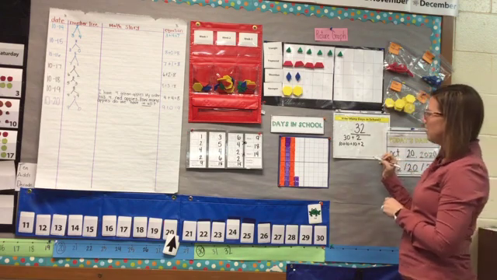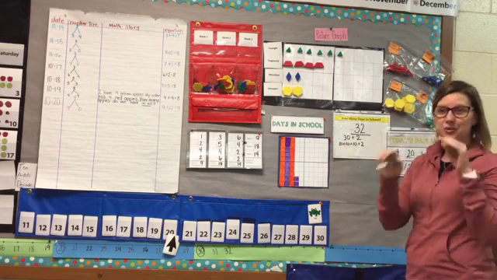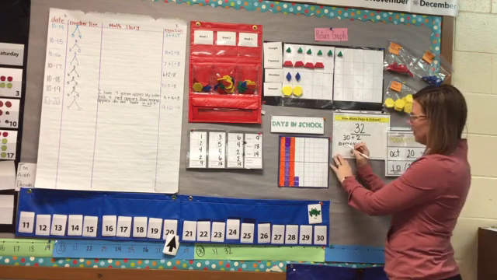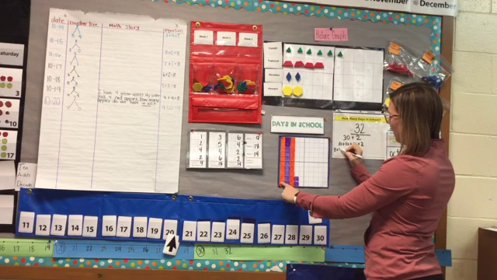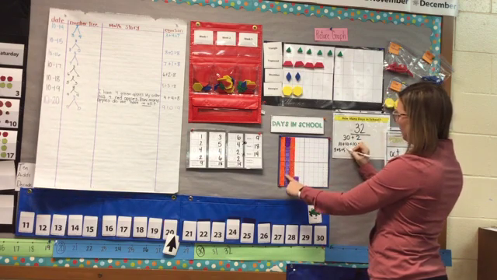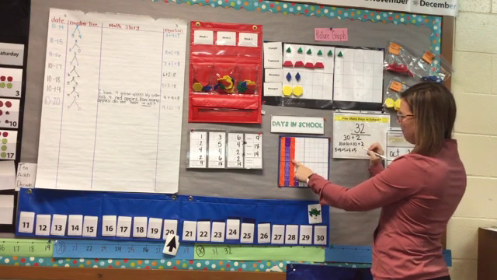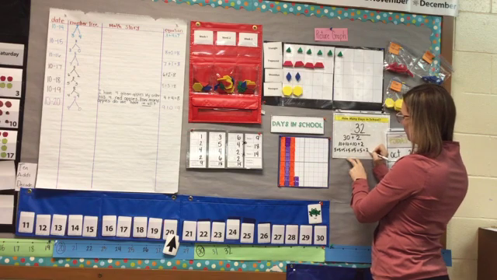Another way that we can make 32 is we can decompose the 10. We can break that 10 down into 5 plus 5. So we could write 5 plus 5 more plus 5 plus 5 more plus 5 plus 5 more, and then our 2.